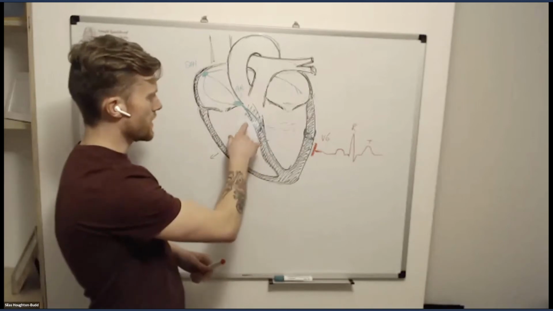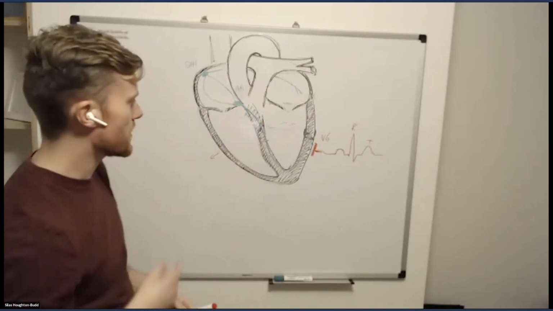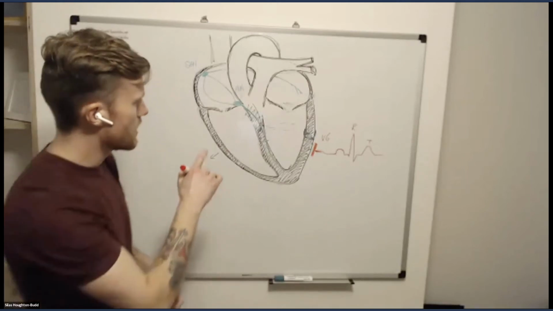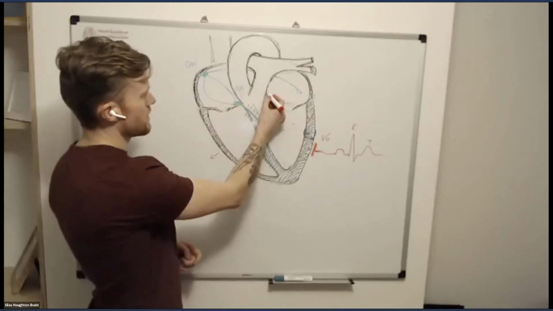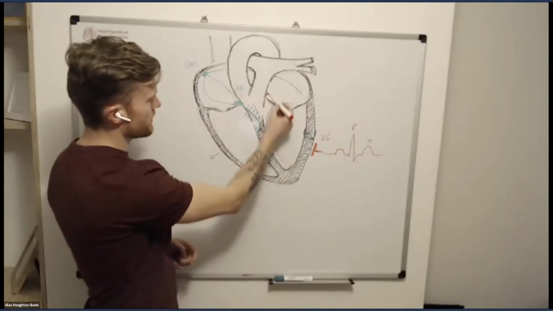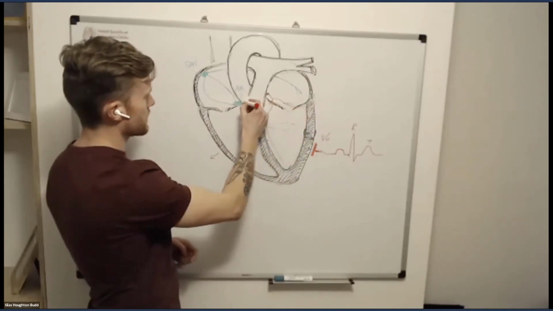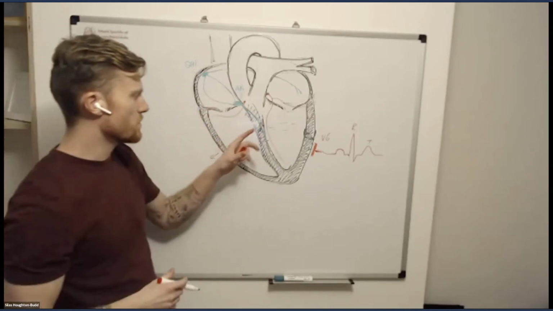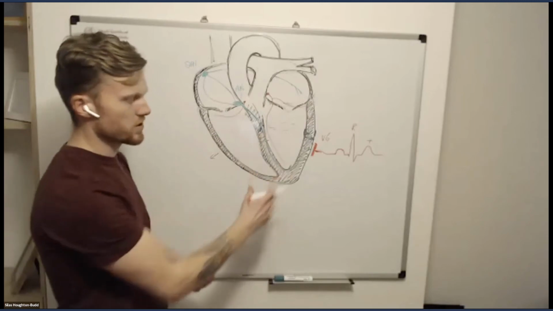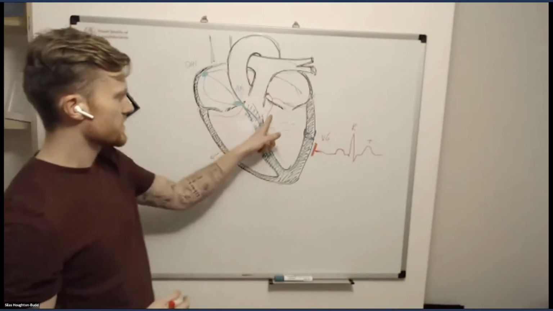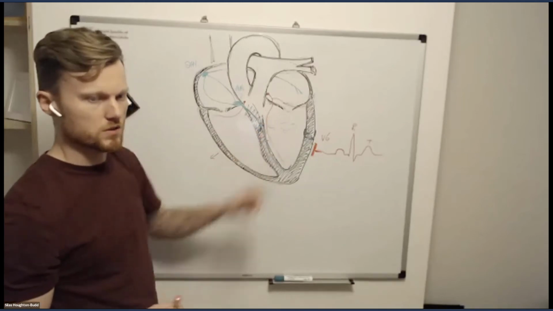Another reason might be an MI. That's important because we know that there's a system of coronary circulation. You've got the left anterior descending, the left circumflex, and the right coronary arteries. And the majority of both bundle branches are supplied with oxygen and blood by the left anterior descending coronary artery.